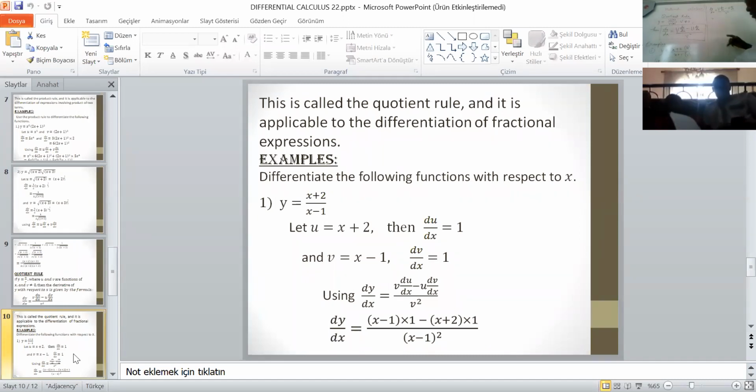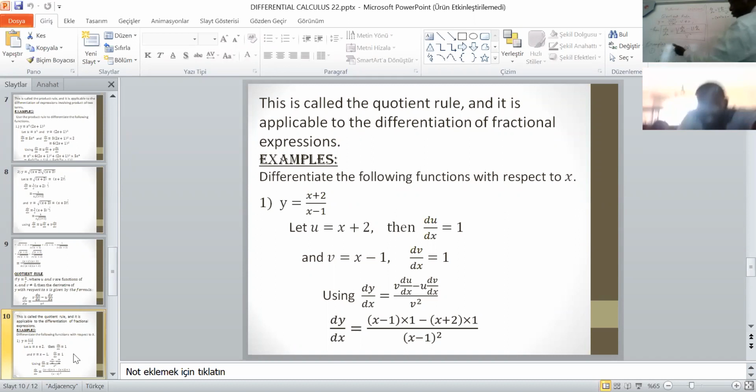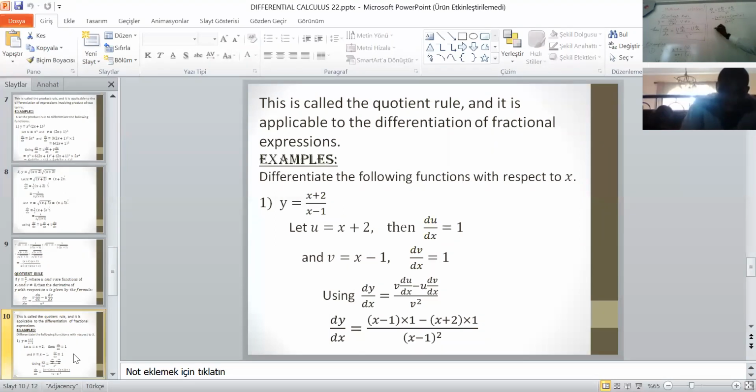Then our v is x plus 1 times our du over dx is 1, minus our u is x plus 2 times our dv over dx is also 1, all over v squared. V is x plus 1, so that's x plus 1 squared. And here, x plus 1 times 1 still gives you x plus 1 minus x plus 2 times 1 is also x plus 2.